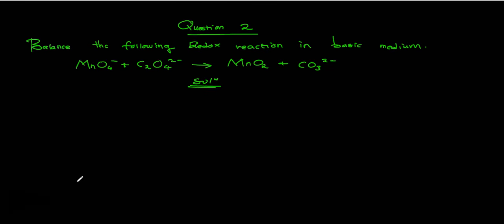So now let's do a question on balancing redox reaction in basic media. So we have been asked to balance this kind of equation. So our first thing is to identify the half reaction, the one which is oxidizing and the reduction one. And in this one, I'm going to show you how you can tell.